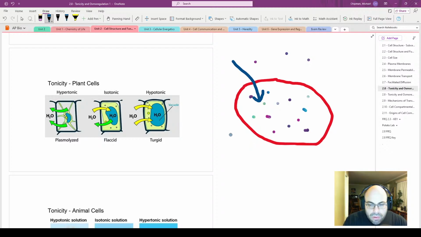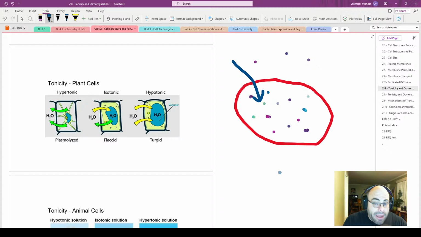A good rule is, if the inside of the cell has more solute, that inside is hypertonic. The words hypertonic and hypotonic have to do with the amount of solute. If the inside of the cell is hypertonic, then the outside of the cell is hypotonic automatically, right? So inside is hypertonic, outside is hypotonic. Water always moves from hypo to hyper, right?